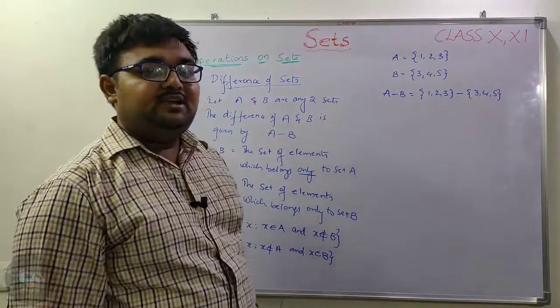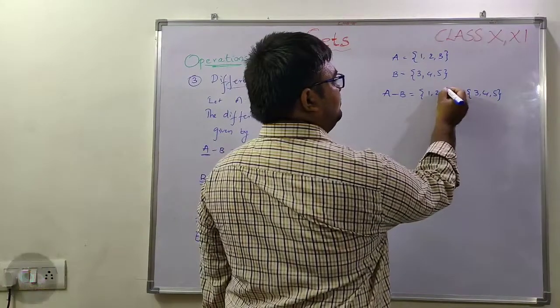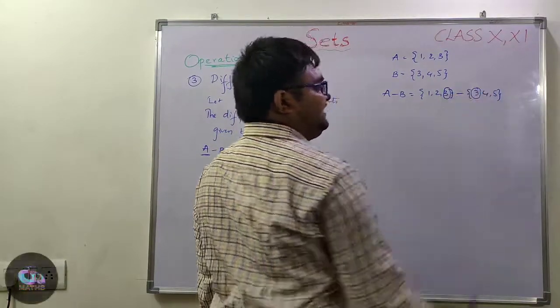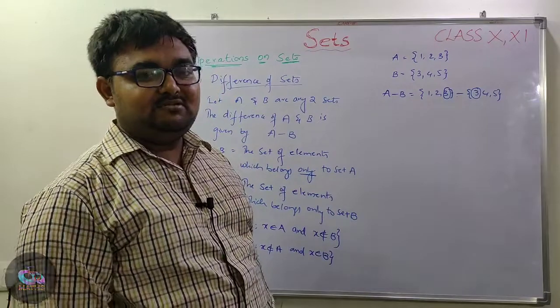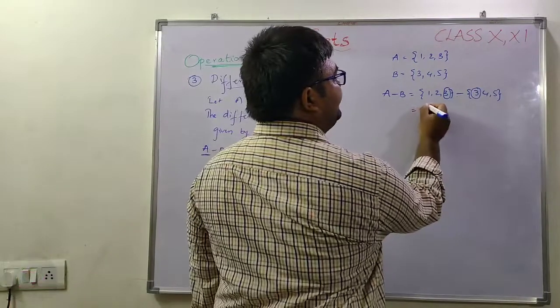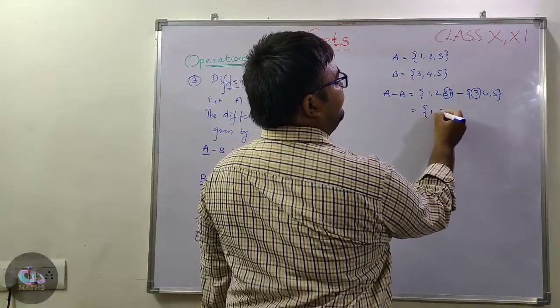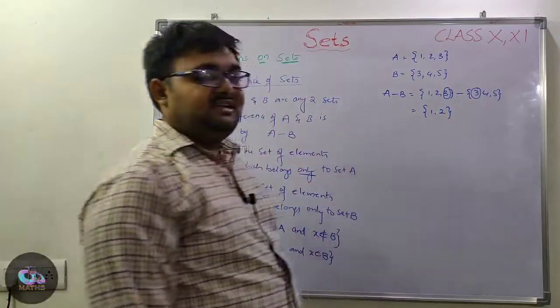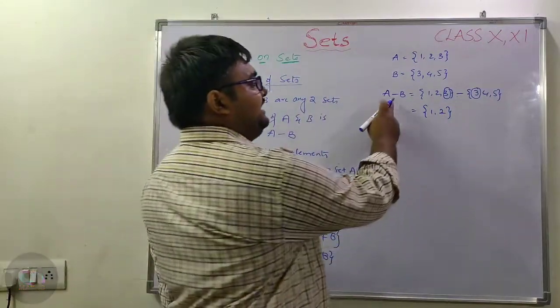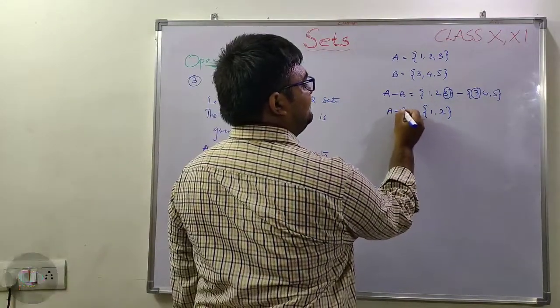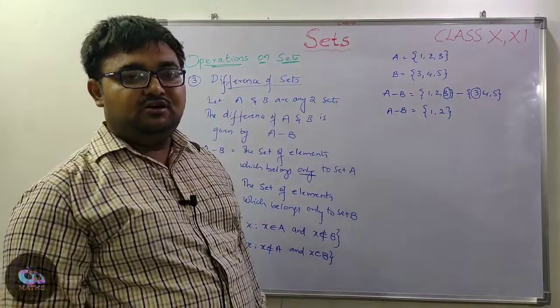If you have any common elements, you need to omit those, and write what is left over from set A. So A minus B is nothing but {1, 2}.